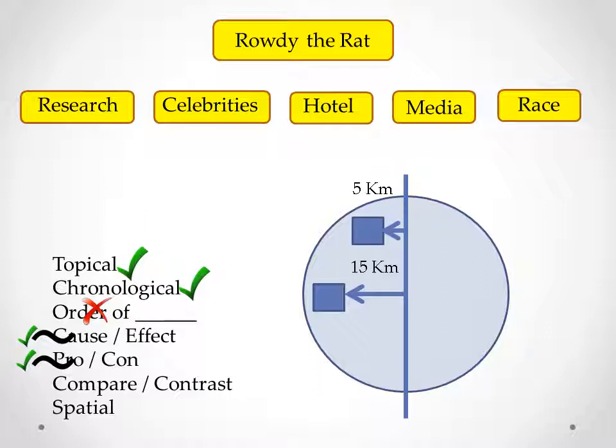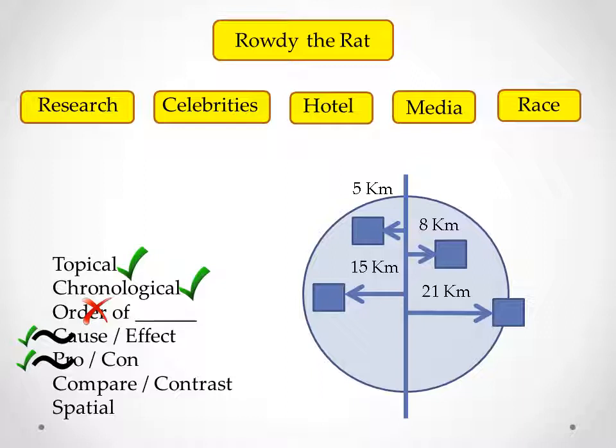And then let's pretend like the main celebrity's house, who endorsed this, is 5 kilometers to the west of the center of London. And then the hotel is 8 kilometers to the east of the center of London. And then the main media station who broadcast this was 21 kilometers to the east of the center of London. Remember, they use kilometers in London because they're on the metric system.